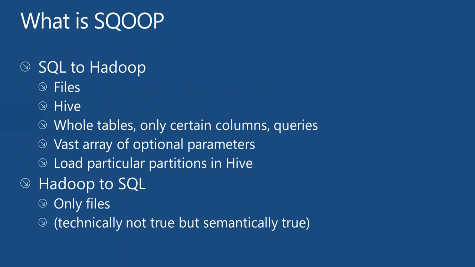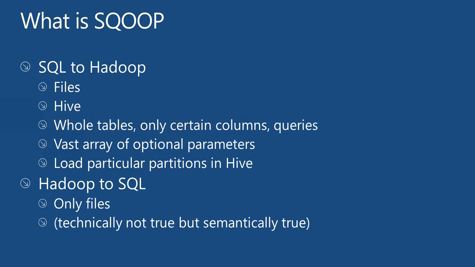Okay, so what does SQOOP do? Well, it does a whole load of things, to be honest, and it depends on how you're going to use it. So if we're coming from the relational database to Hadoop, we can move your relational data and place it into files inside HDFS.